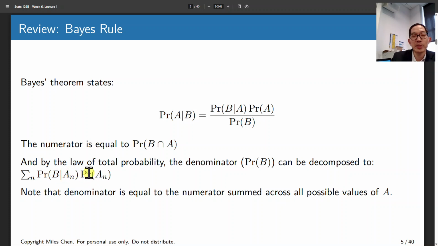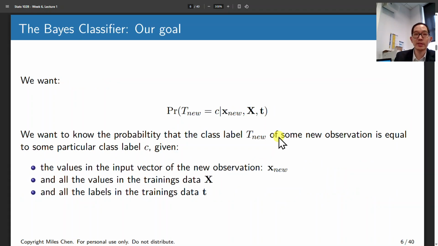This part is basically equal to the probability of B intersection A sub n, and then you take it across all of the different possible values of A, and that will basically give you the total probability of B, okay? So the denominator, if you think about that, the denominator is equal to the numerator summed across all of the different possible values of A, okay? So we have that, okay?